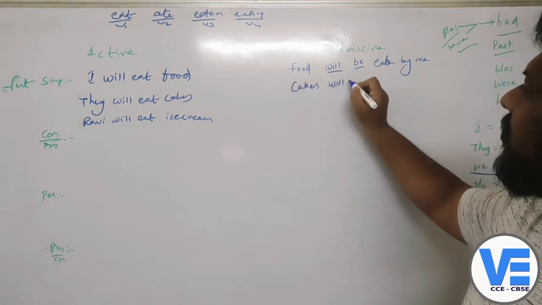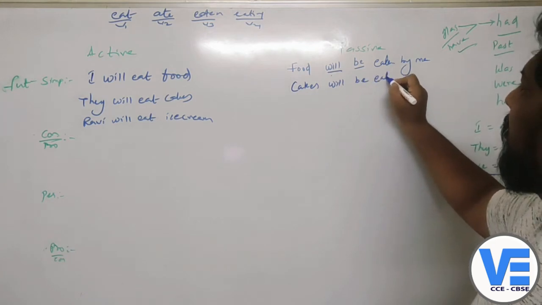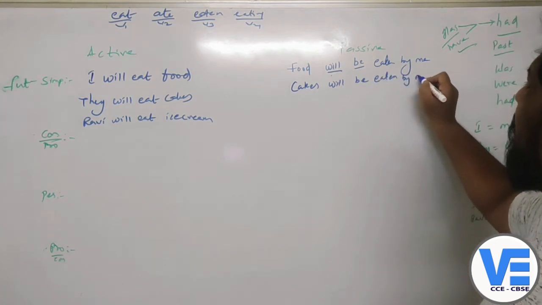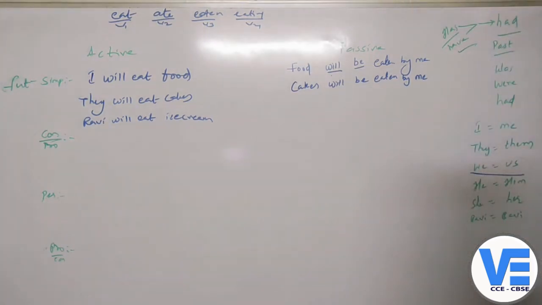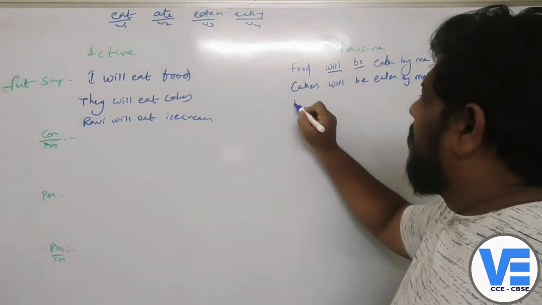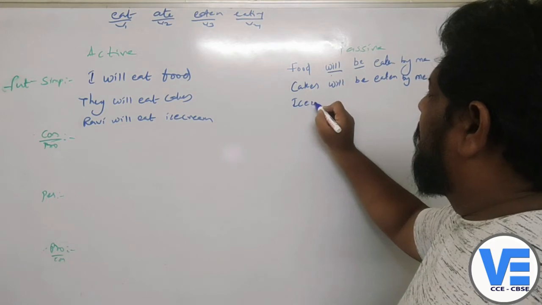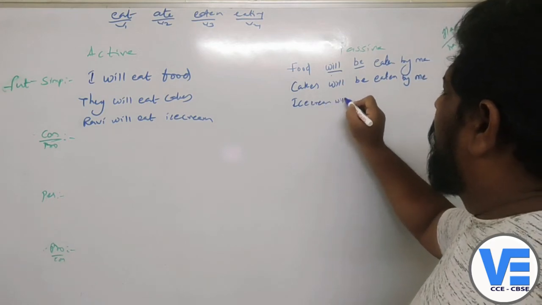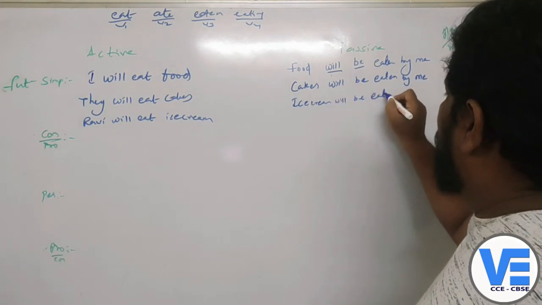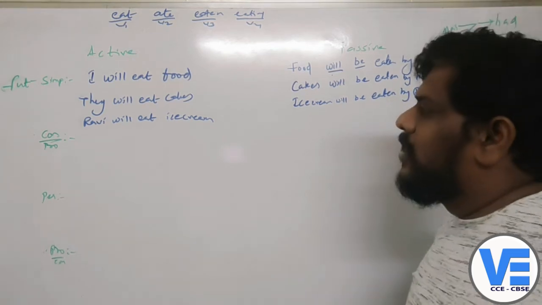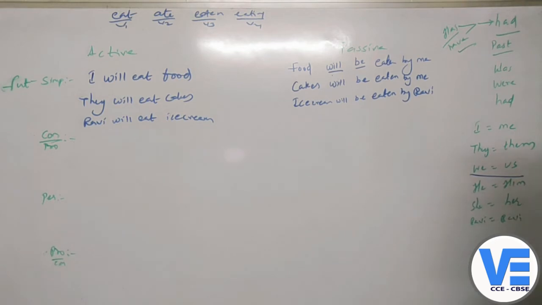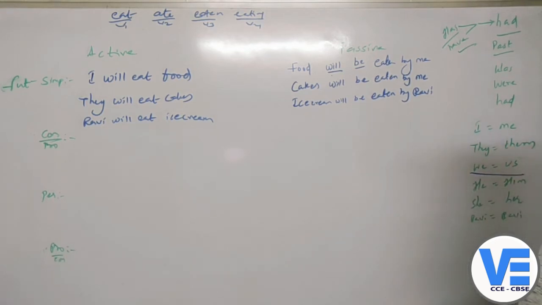Cakes will be eaten by me. Next is Ravi will eat ice cream. So here ice cream will be eaten by Ravi. So this is the active voice and passive voice of the future simple.